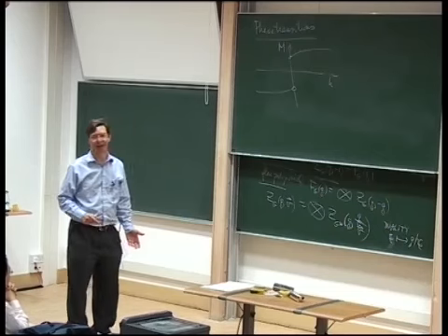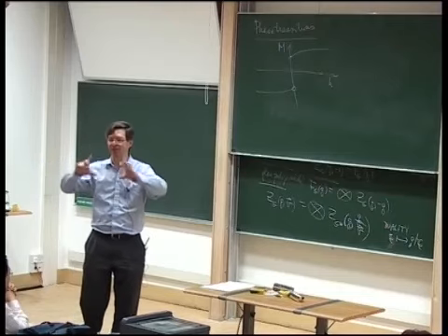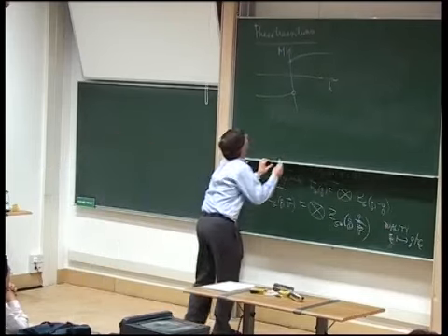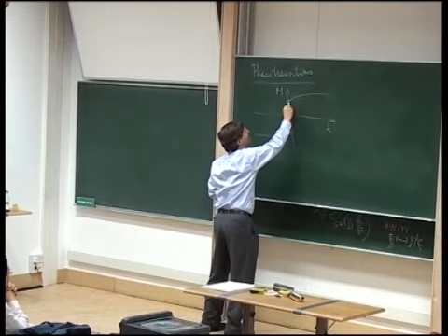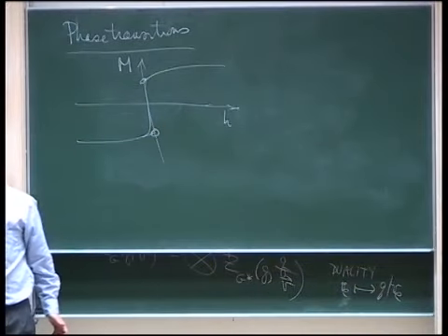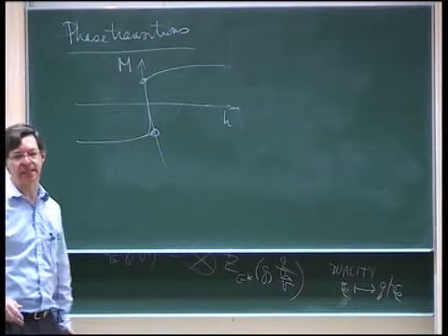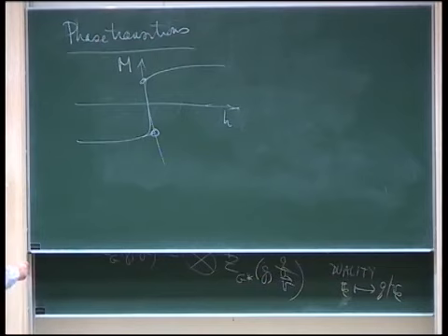You might think, well, a sample of iron has 10 to the 23rd atoms. What really happens is you have something which is very sharp but not discontinuous. But in any case, from a mathematical physics point of view, we want to study the limit of infinite systems where you have a true phase transition.